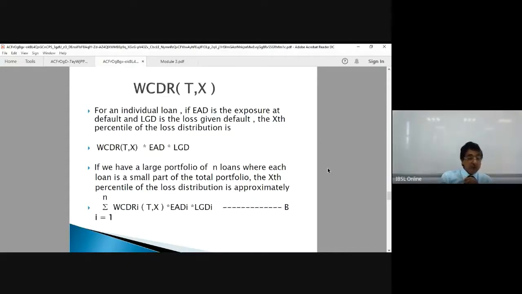When you have 4 loans, ABCD, how many pairs will you have? You will have AB, AC, AD, then BC, BD and CD.